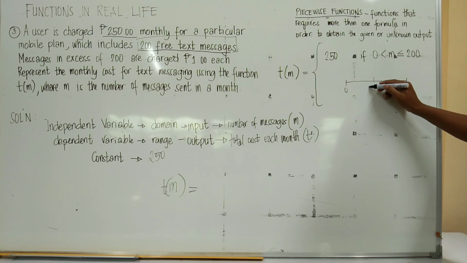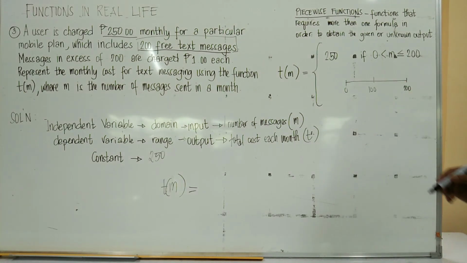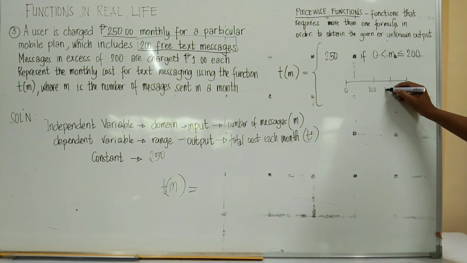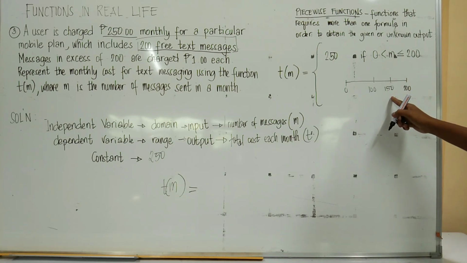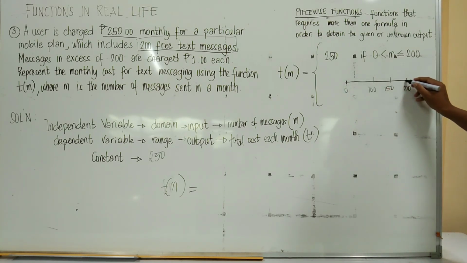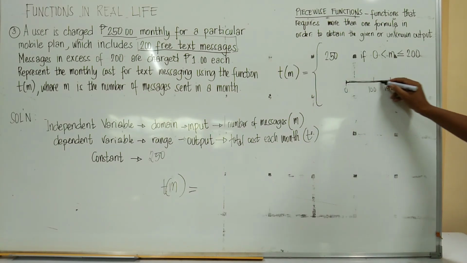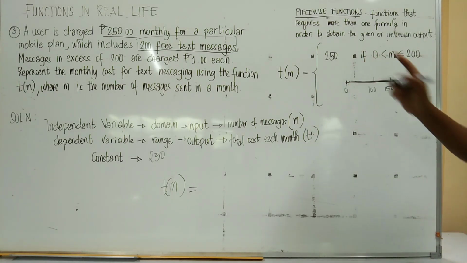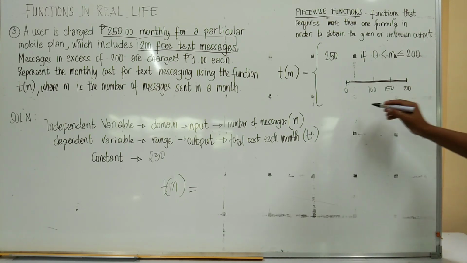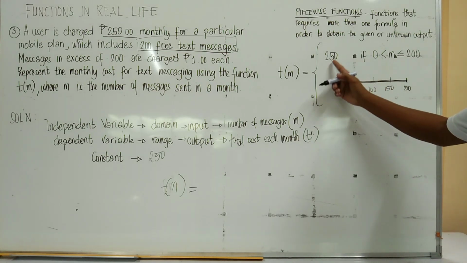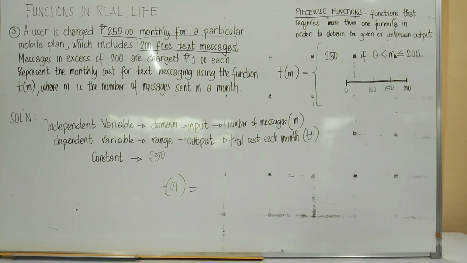Let's say you used 100 text messages, you will still pay 250. If you used 150 messages, you will still pay 250. So from greater than 0 to 200, you will pay 250. If you didn't use any text messages, you will still pay 250 pesos.